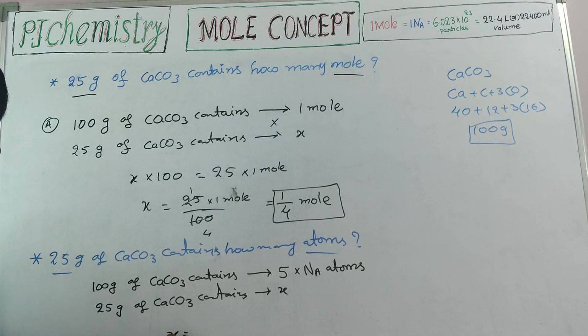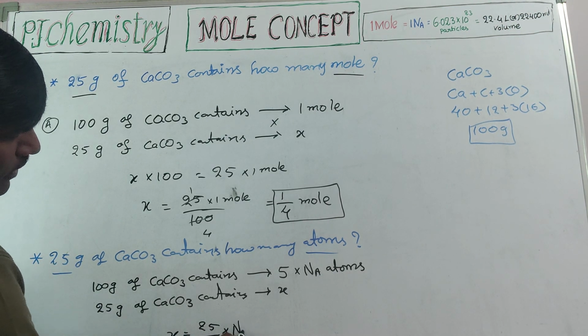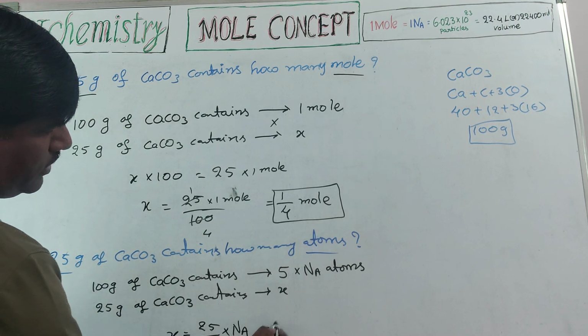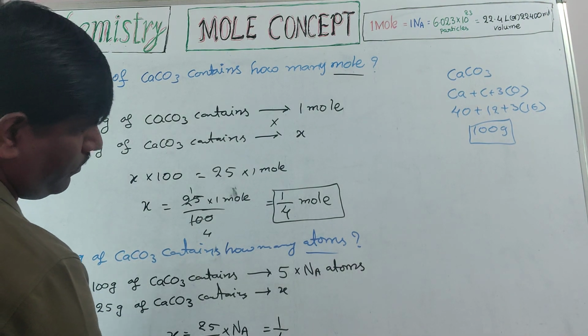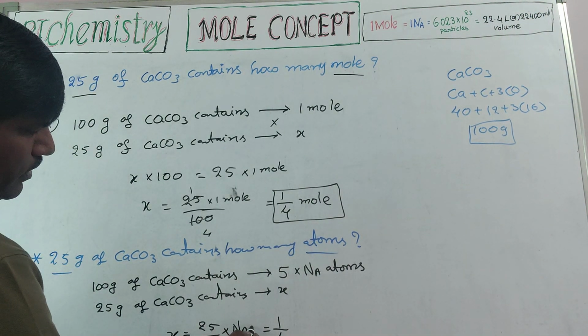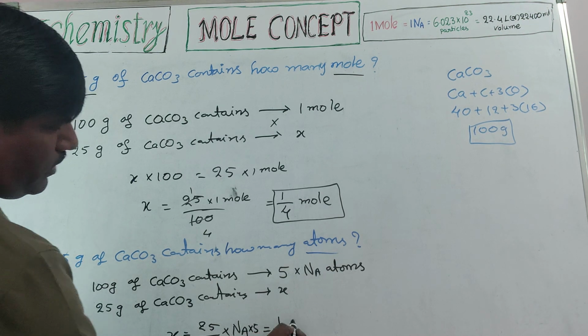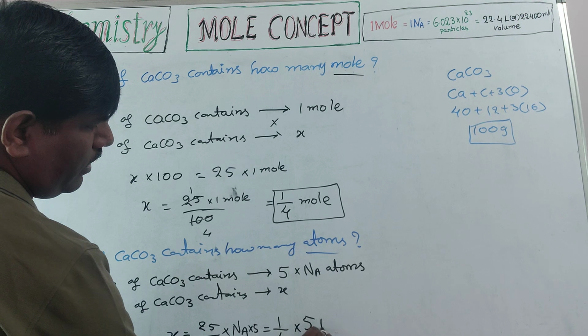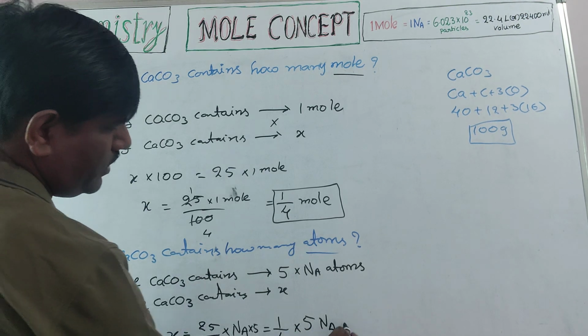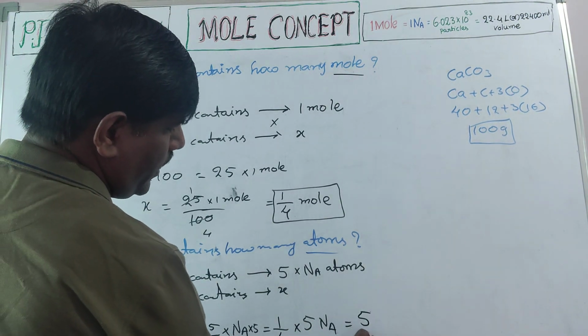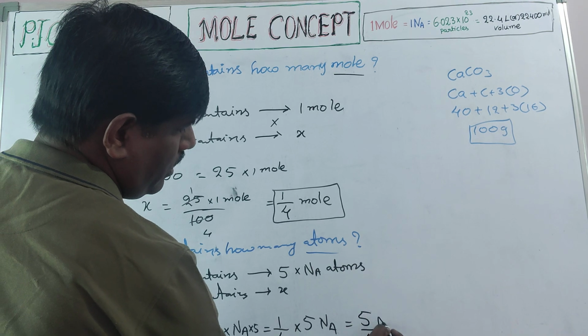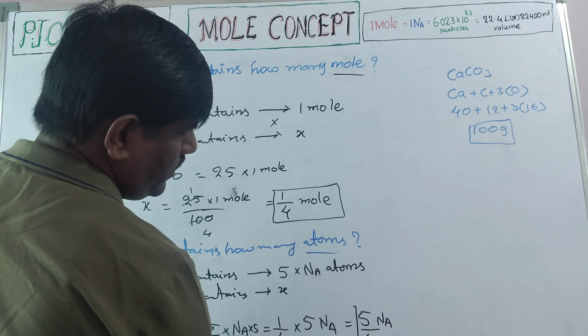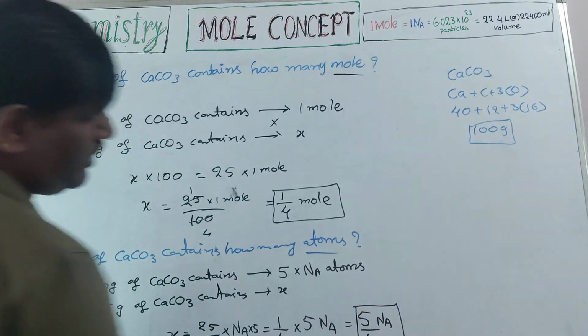Cross multiply. X is equal to 25 by 100 into 5 Avogadro number of atoms. So 1 by 4 into 5 Avogadro number of atoms is nothing but 5 by 4 Avogadro number of atoms. You can simplify it still if you want.